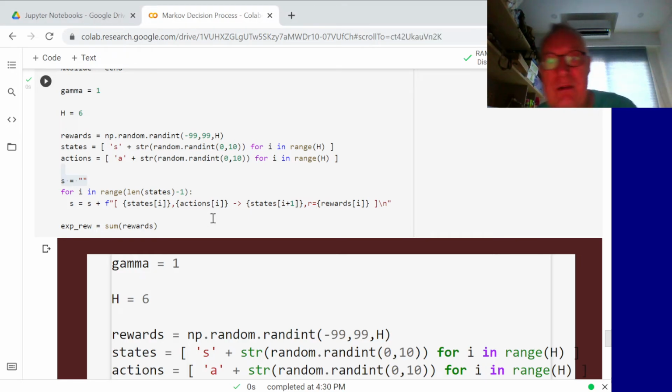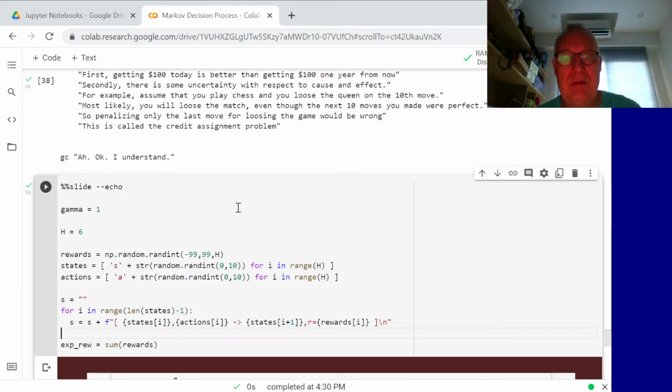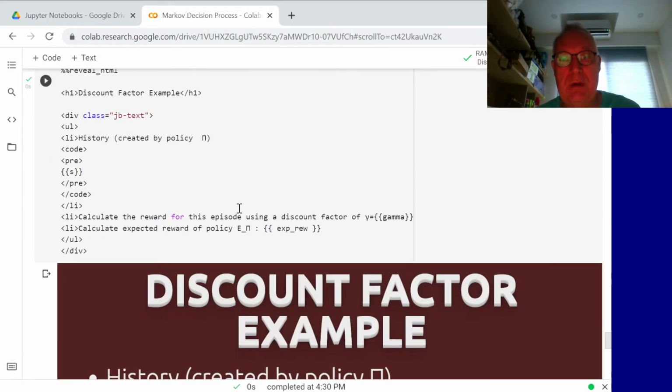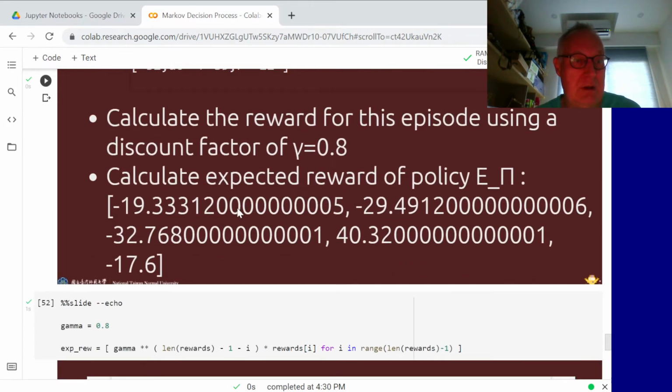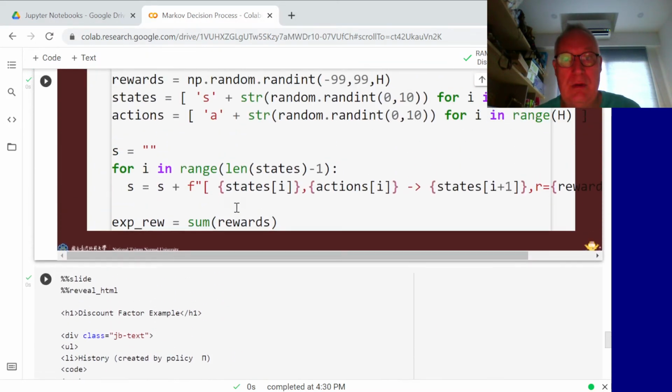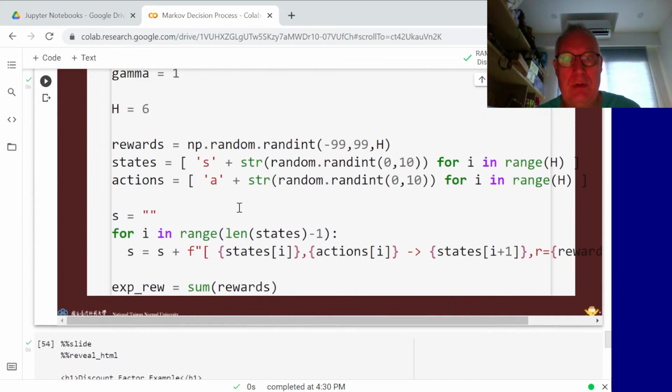Let me calculate first what it is. What is the sum of the rewards? What did it generate for rewards?